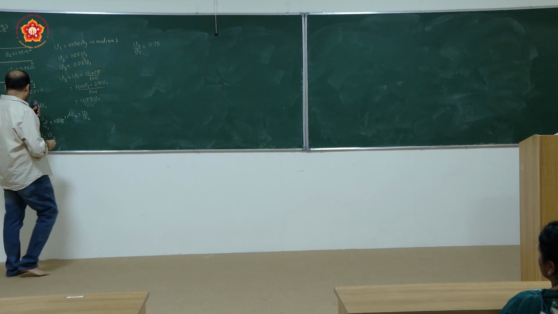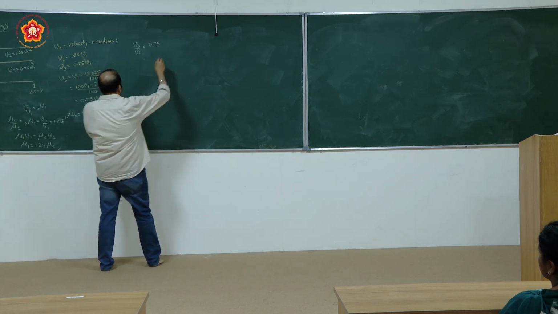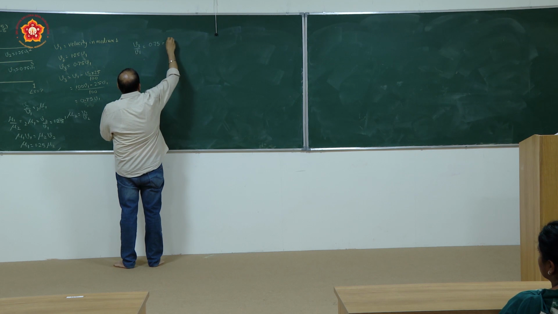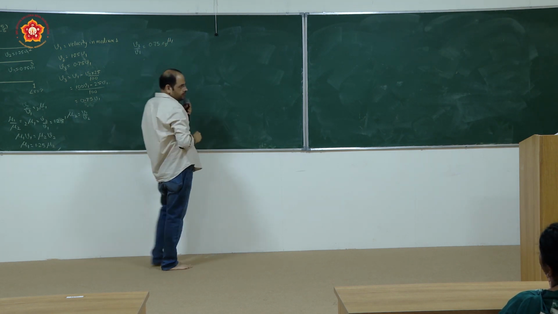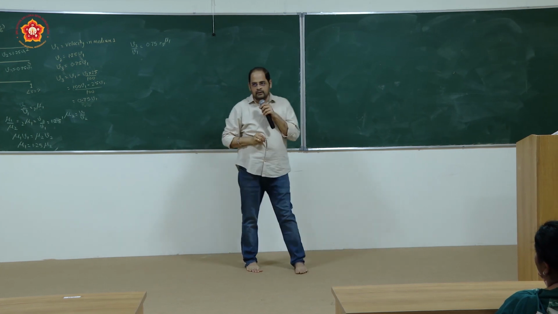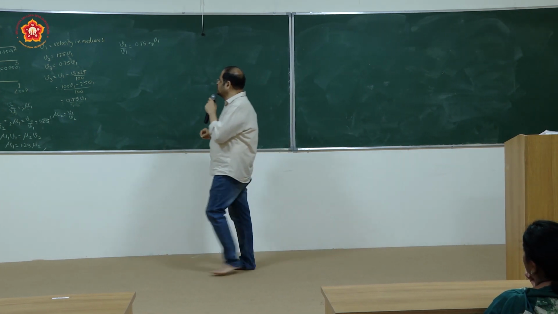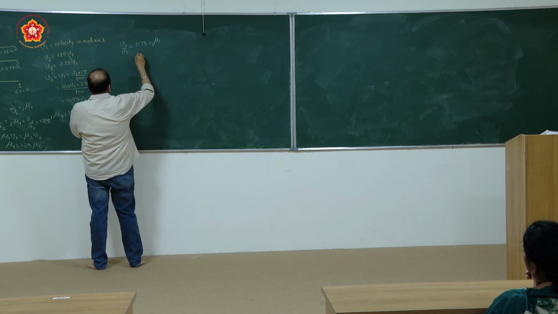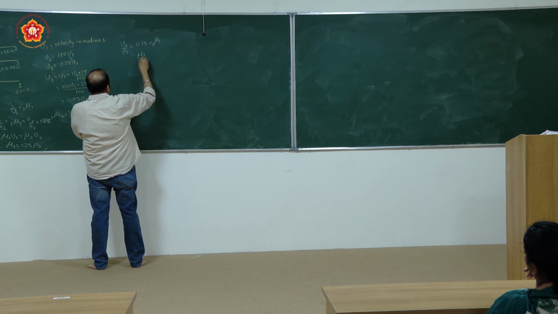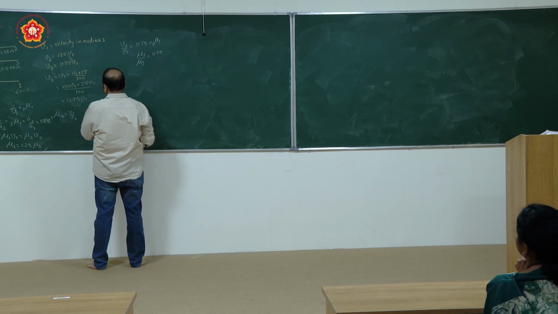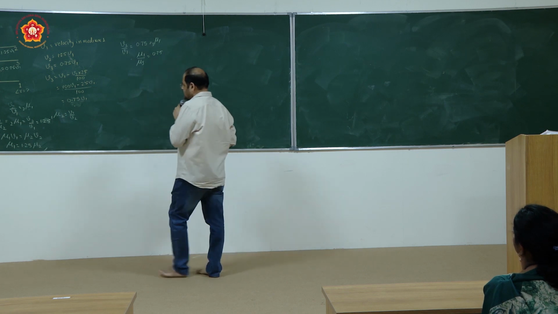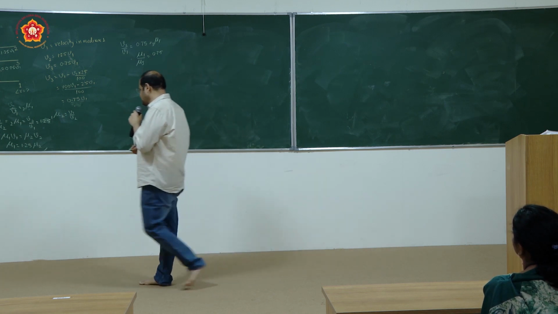So you will be having here refractive index of 1 with respect to 3. Right? So you will be able to write down refractive index of 1 upon refractive index of 3, that is equal to 0.75.